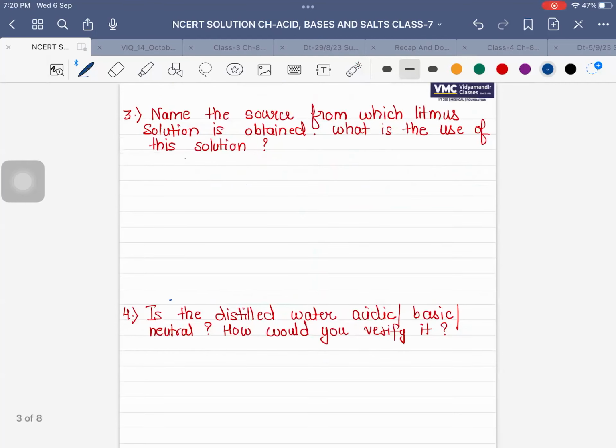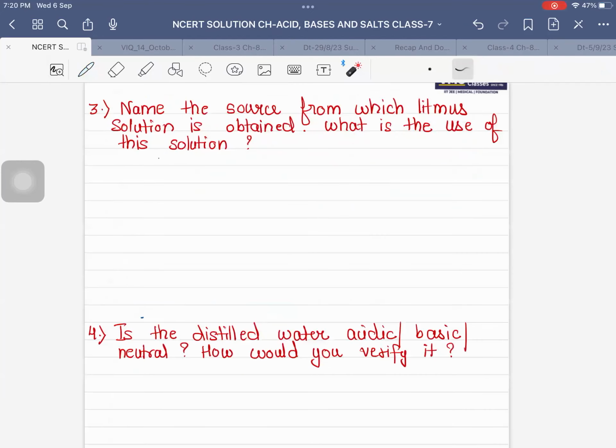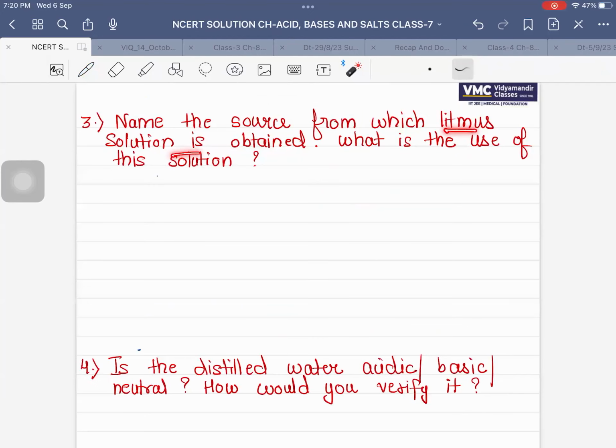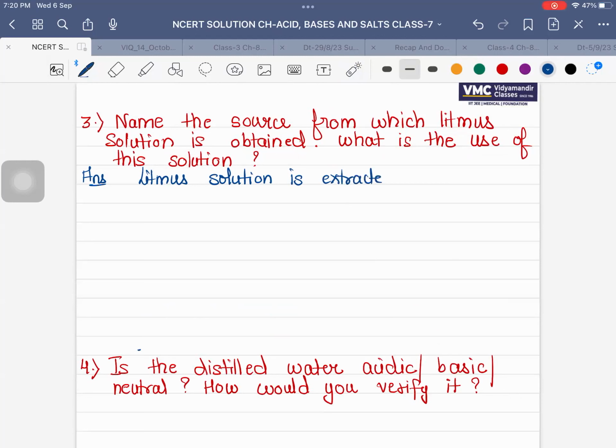Next one, name the source from which litmus solution is obtained and what is the use of this solution. So let's write. Litmus solution is extracted from lichens. And what is the use?